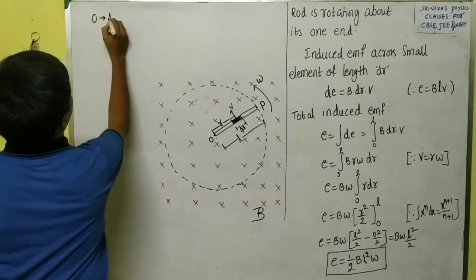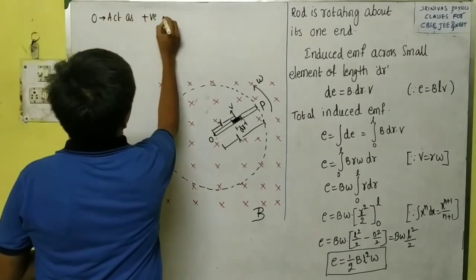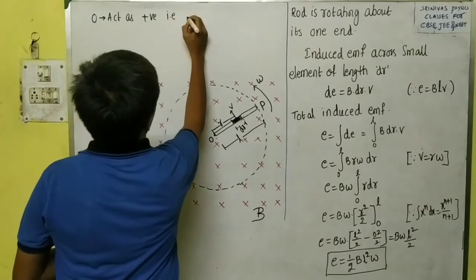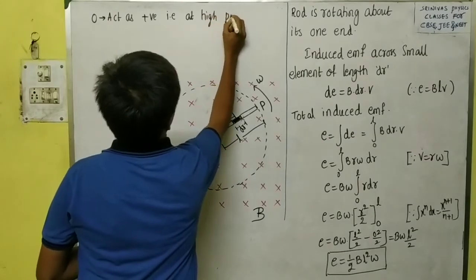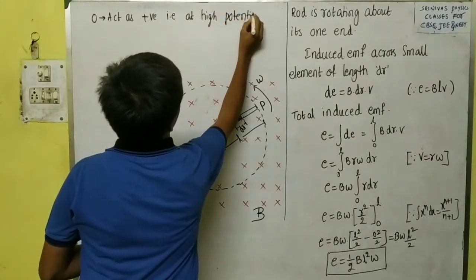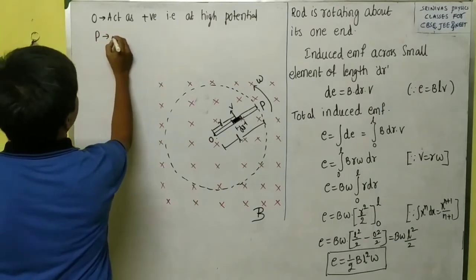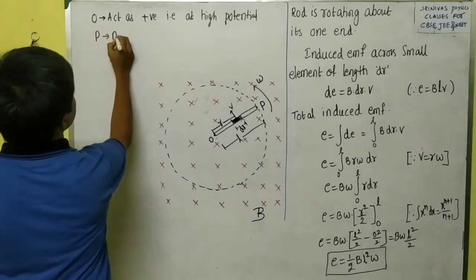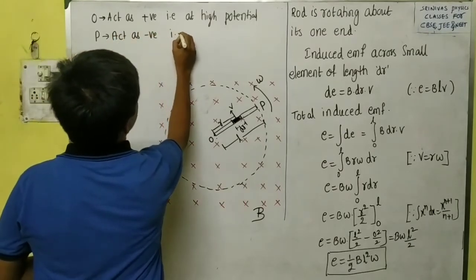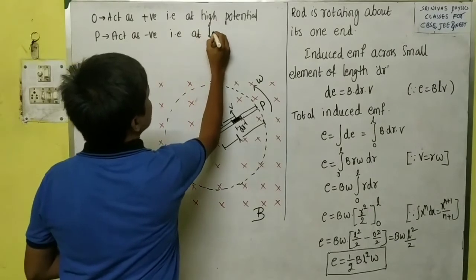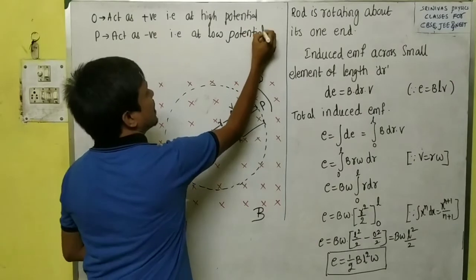So O acts as positive, at high potential, and P acts as negative, at low potential. Negative is the low potential, right? High potential and low potential.